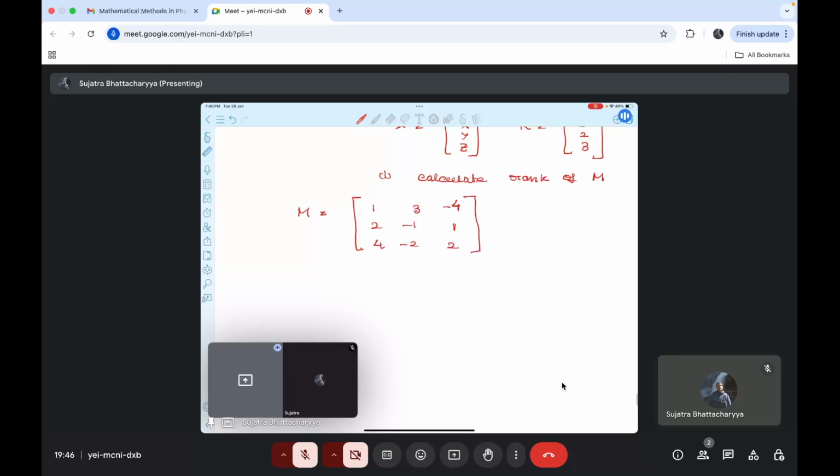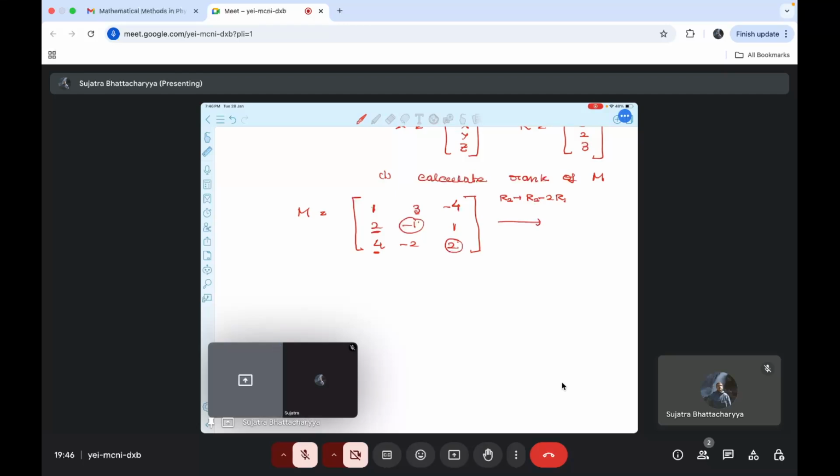The first step is R2 equals R2 minus 2R1. What we need to do is keep 1 here, 1 here, 1 here. All these diagonal elements, I will try to keep 1. And all other elements below or above it have to be 0. That is what the row reduction's main role is.